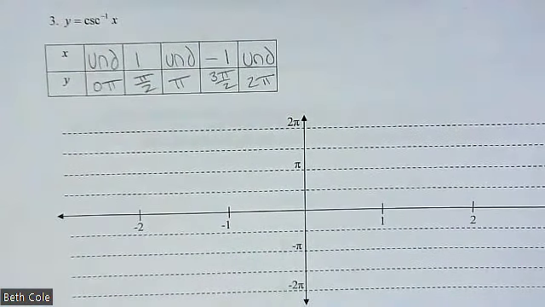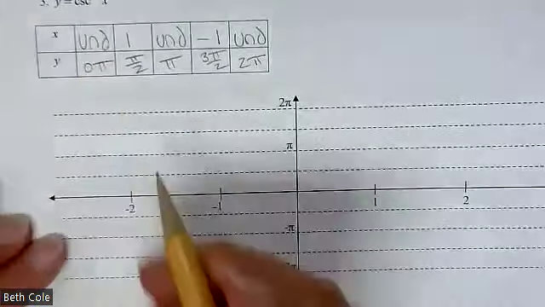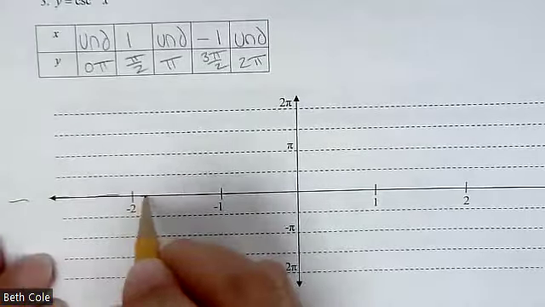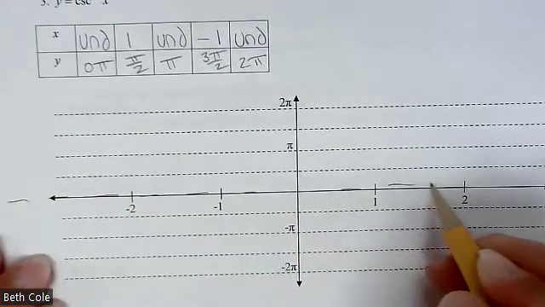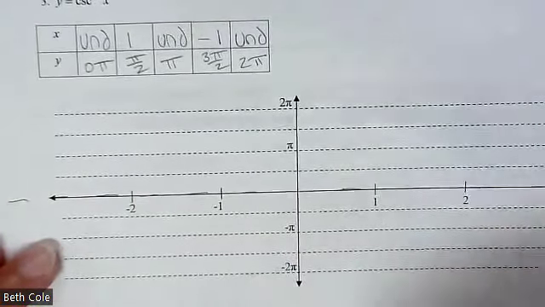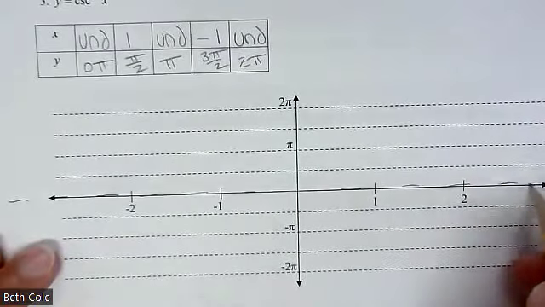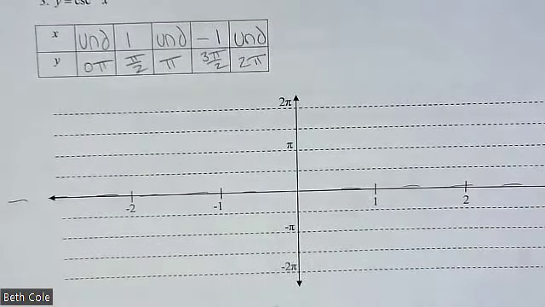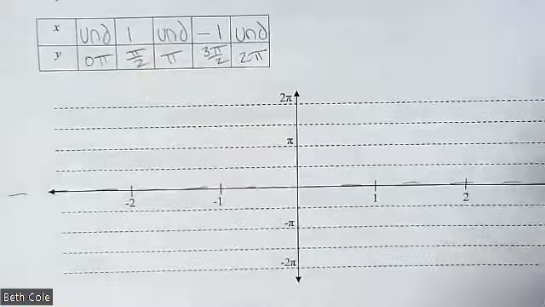Now, for cosecant, they were vertical asymptotes. For cosecant inverse, they're going to be horizontal asymptotes. So it's just turned on its side. So at 0 pi, you have the asymptote. That one's hard to see because it's on the axis, but it's going to go like this. And then you get a point 1 at pi over 2.